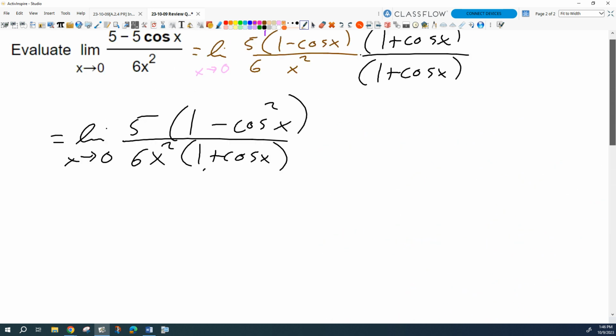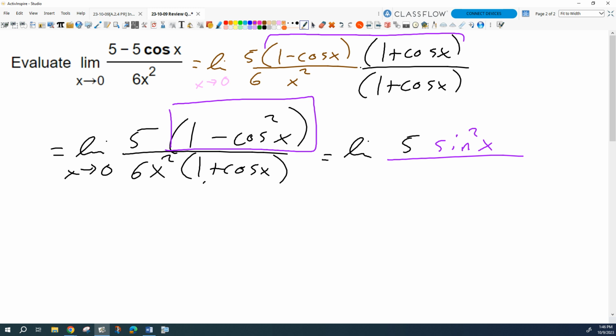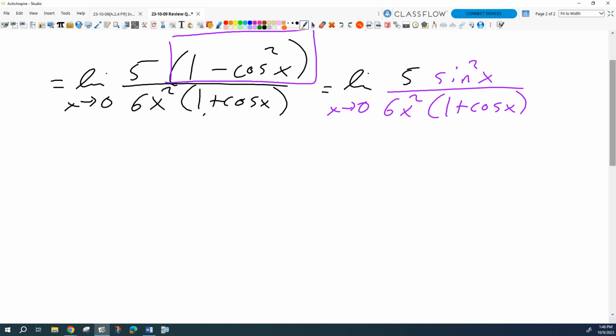So all this stuff just becomes the limit of 5 times sine squared x over 6x squared times 1 plus cosine x, right? Well, look what we can do here now. I've got a sine x over x times a sine x over x, don't I? I didn't mean to make that whole thing purple.